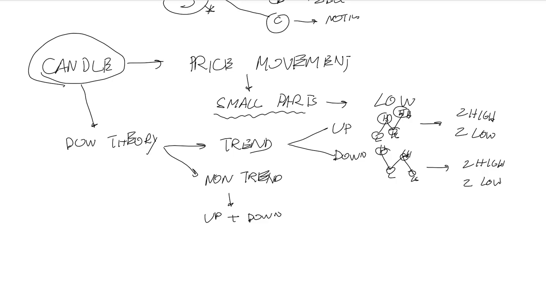It means sideways. You don't need to remember how many types of sideways. You just remember trend. If the market does not move as uptrend or downtrend, we call it non-trend or sideways.